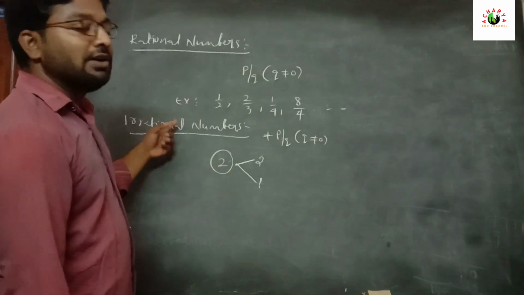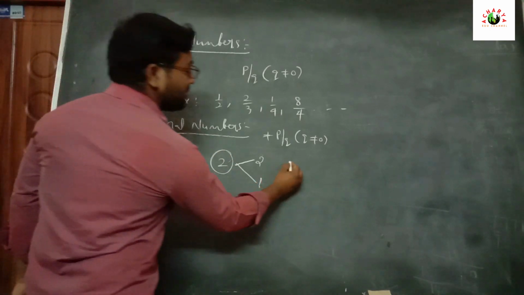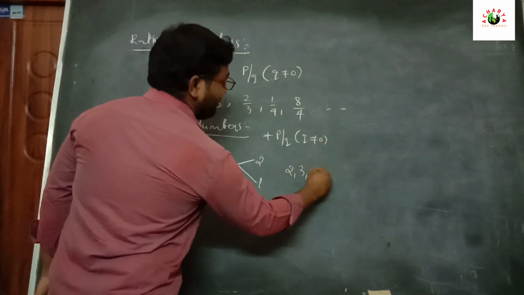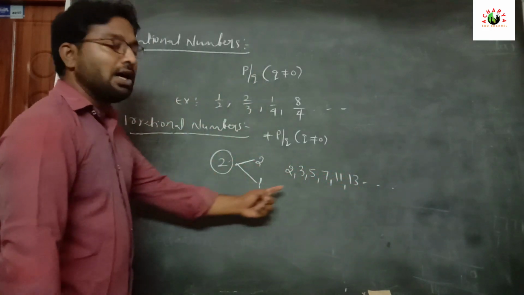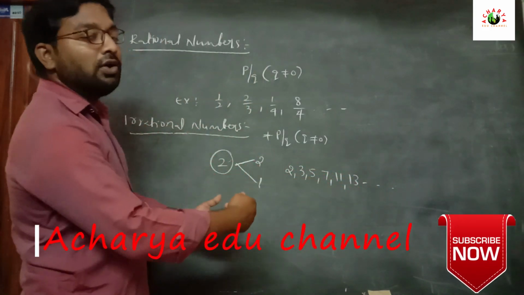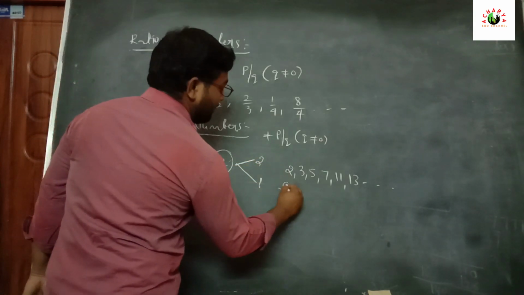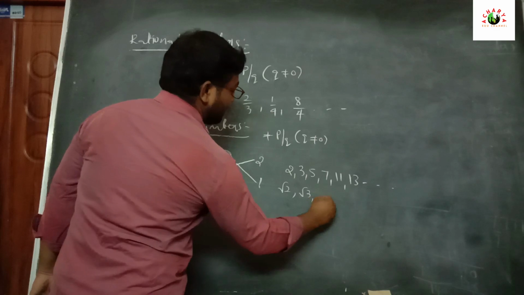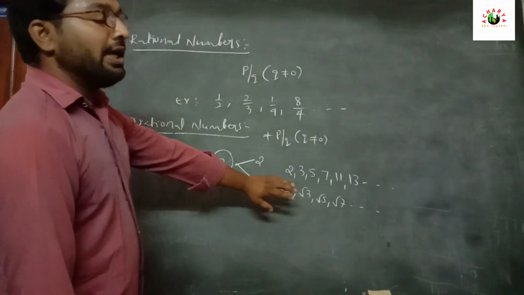So now, what is an irrational number? Roots of prime numbers. Here the prime numbers are 2, 3, 5, 7, 11, 13, and so on. If we take the roots of these prime numbers, root 2, root 3, root 5, root 7, and so on, these are all irrational numbers. Why are these irrational numbers?